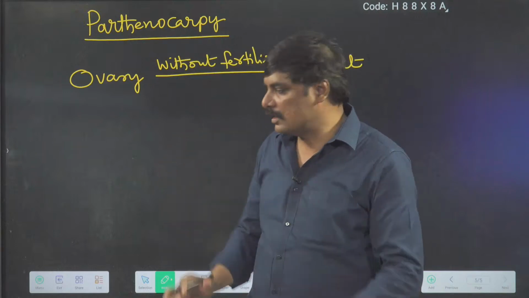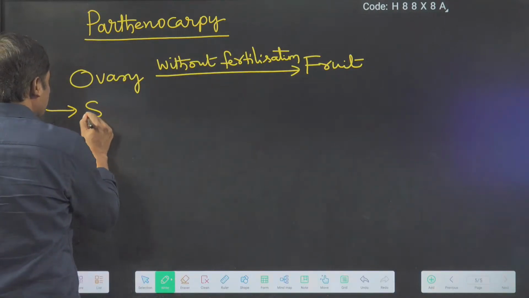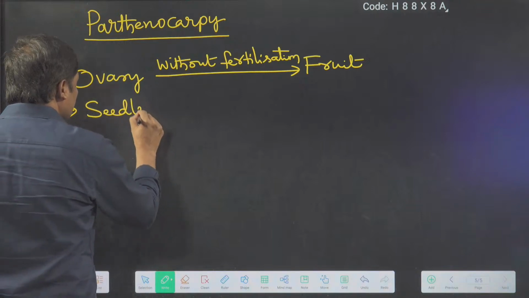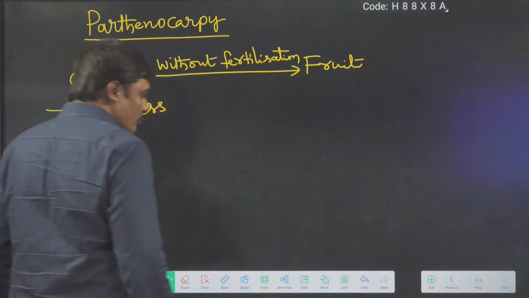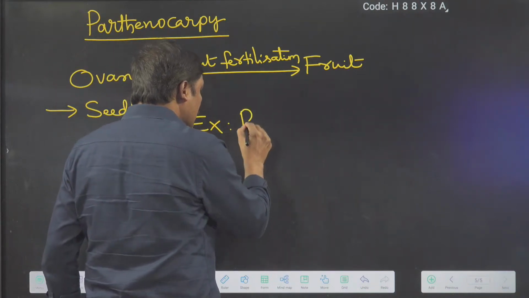Parthenocarpic fruits are generally seedless. The best example of parthenocarpy is banana.